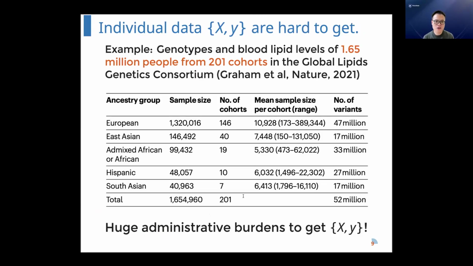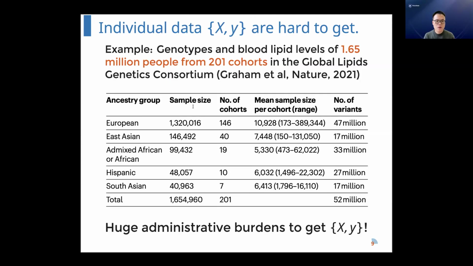This consortium consists of 201 different cohorts involving 1.65 million individuals across the globe. This table shows you the sample size breakdown by ancestry group, because we're looking at the entire human population from each continent.